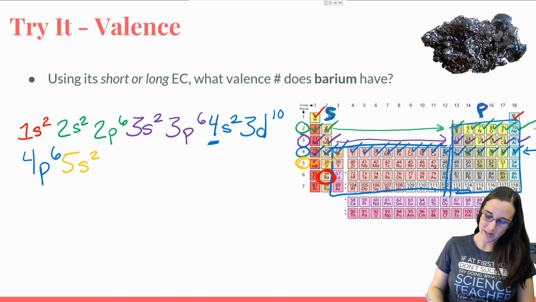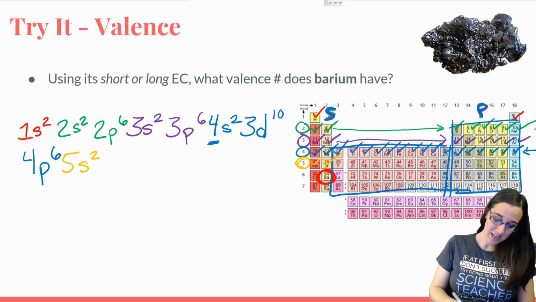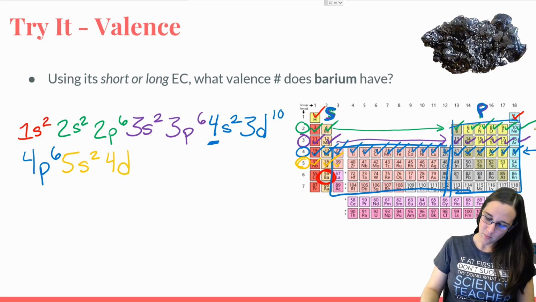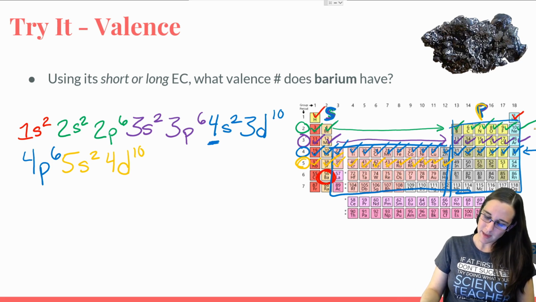5s2. We need to get through our D block now. D block is weird because it's one behind, so that's going to be 4d. 1, 2, 3, 4, 5, 6, 7, 8, 9, 10. 4d10. Now we are in the P block again on this side.